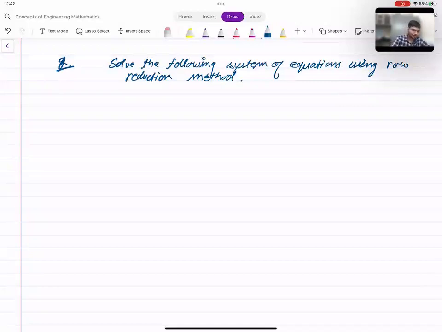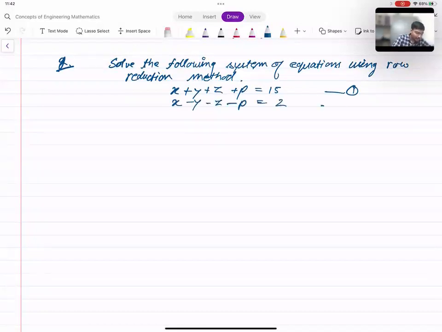Okay. So suppose we have the first equation as x plus y plus z plus p equal to 15. This is our first equation. Then we will have x minus y minus z minus p is equal to 2. This is the second one. Then we have say minus x plus 3y plus z plus 2p equal to 5.